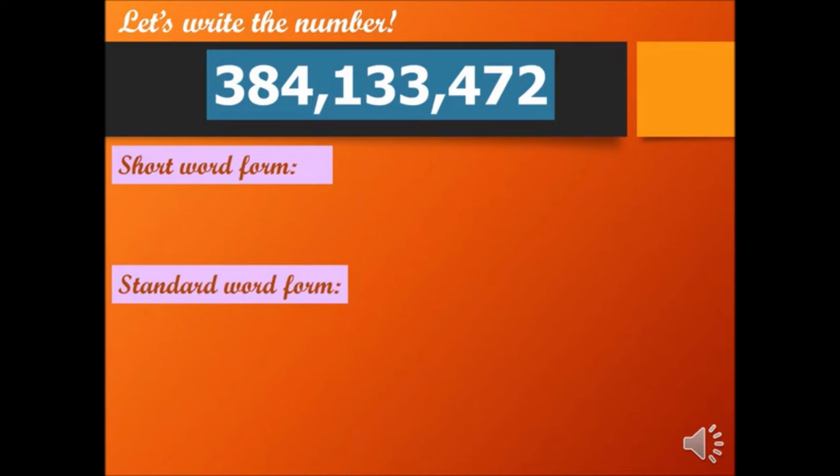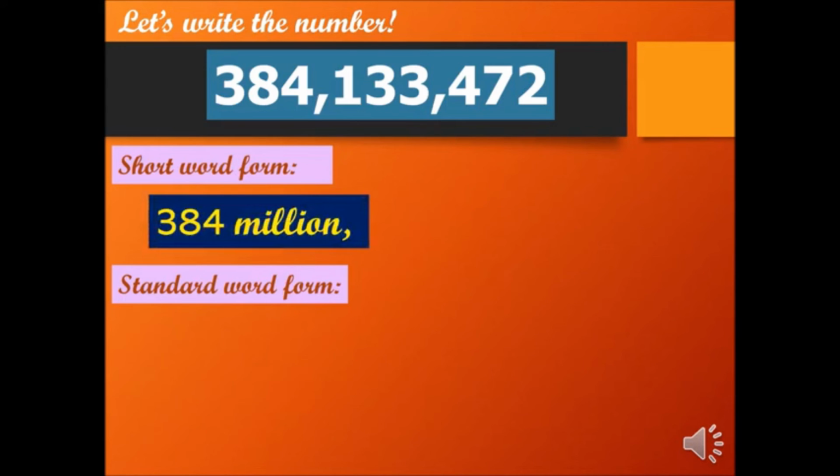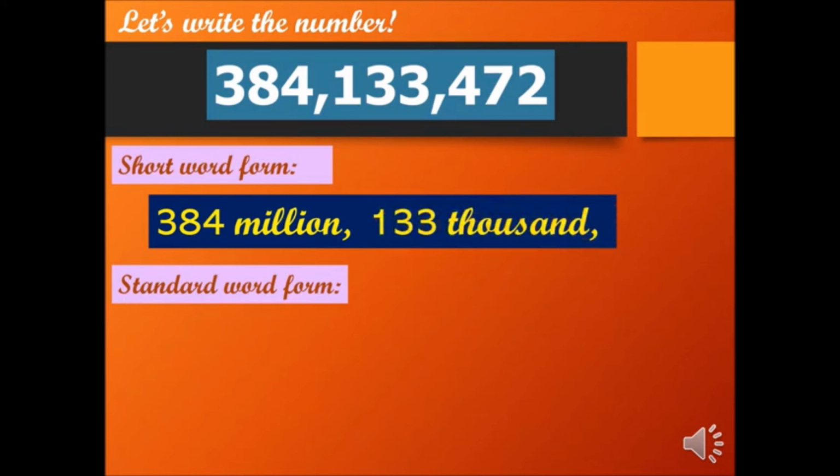In short word form, you are just going to write the number as is. 384 will just be written as numeral 384 and then write the period's name, million, followed by 133,472.